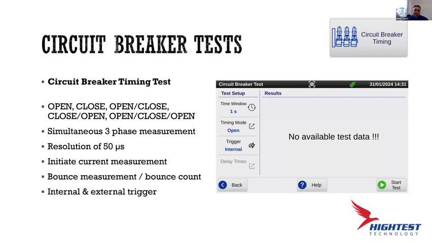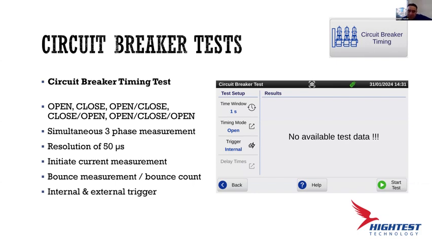We can perform open, close, close-open, and open-close-open tests simultaneously for the 3 phases. The resolution of the circuit breaker test is 50 milliseconds, with initiate current measurements. We can also measure the bounce and bounce counts, and we can apply our trigger internally or externally.